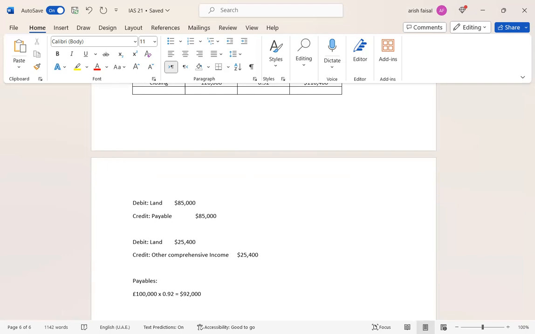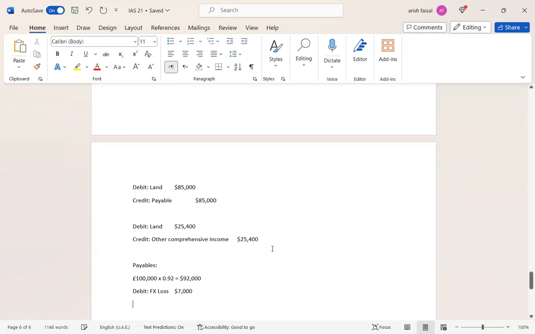There is a loss here of 7,000, a foreign exchange loss of 7,000, and that has to be recorded in the income statement. So debit will be foreign exchange loss with the amount of 7,000, and credit will be your accounts payable with the amount of 7,000.